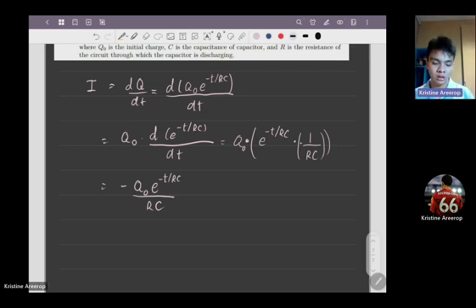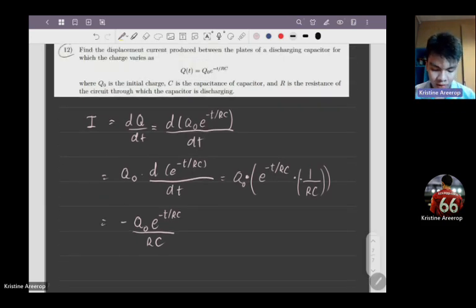Why is the current negative? Because the charge is decreasing, so it is the opposite, and there is a negative sign.